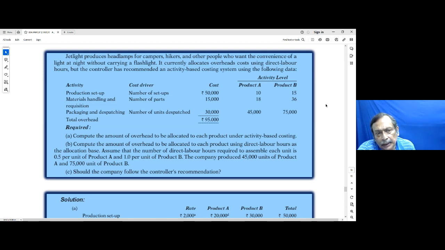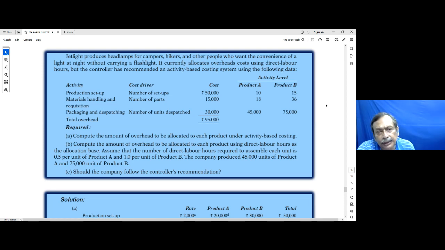Activity, then cost driver, cost, activity level, product A, product B. Under activity, we have production setup. The cost driver is number of setups, cost is 50,000. Activity level for product A is 10, product B is 15.